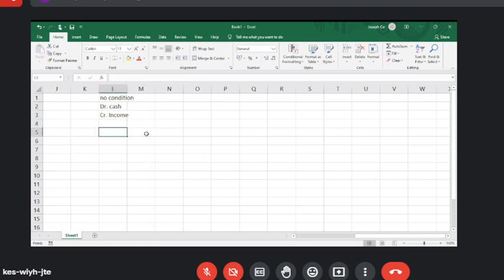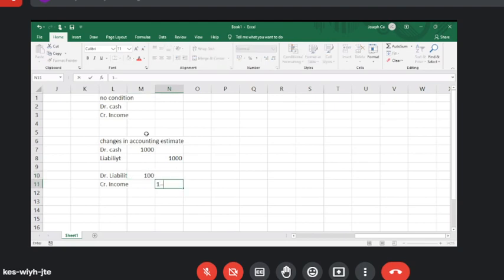Okay? And then, example ulit natin, no, nagkaroon ng changes in accounting estimate. Sabi natin prospective application. Debit cash, credit liab, no? Actually, 1,000, 1,000. Tapos nag-amortize tayo, debit liability, credit income. 100, 100.